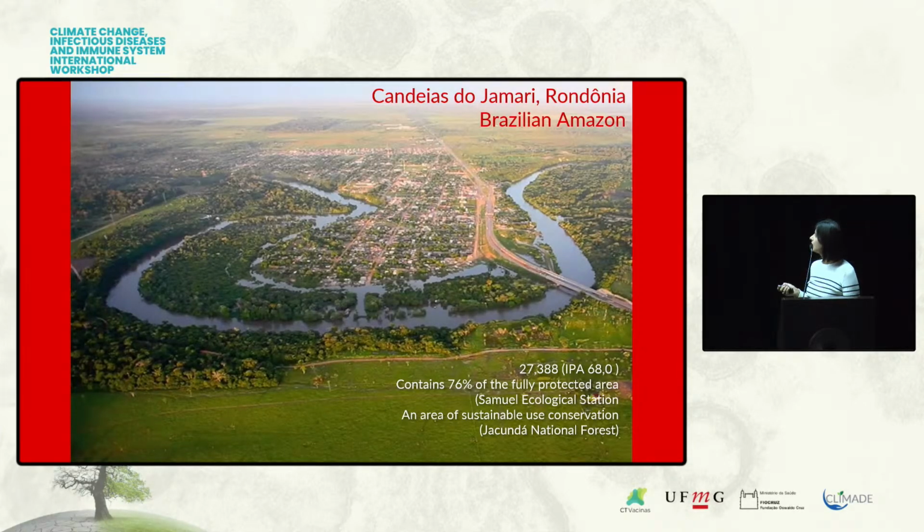This was very smartly chosen by Ricardo and Douglas. This municipality has around 27,000 inhabitants, and it has a river around the town, and there's a lot of forest as well.